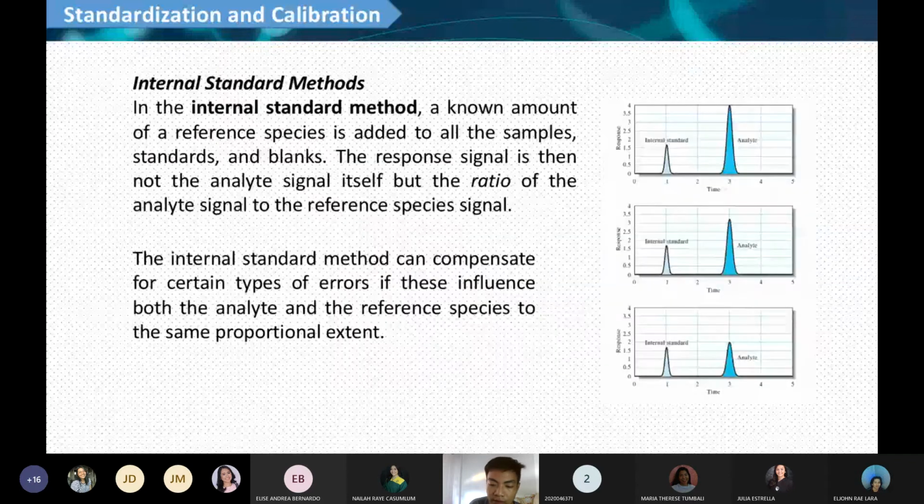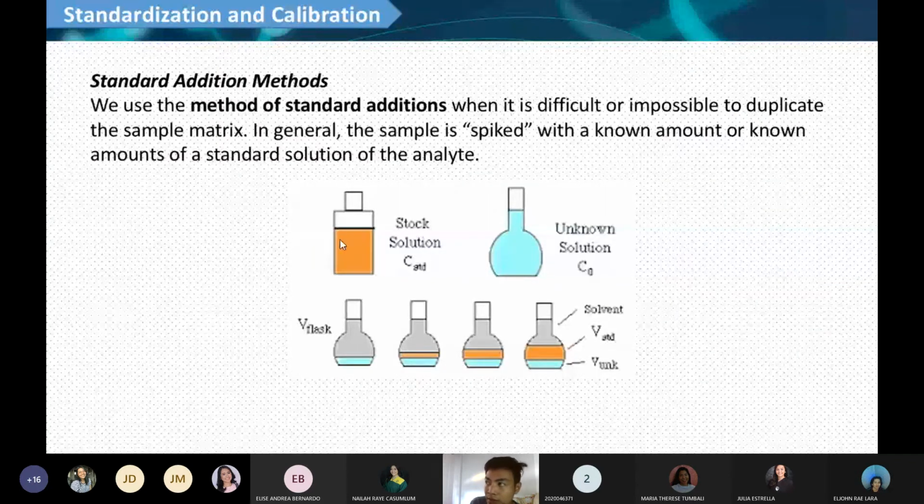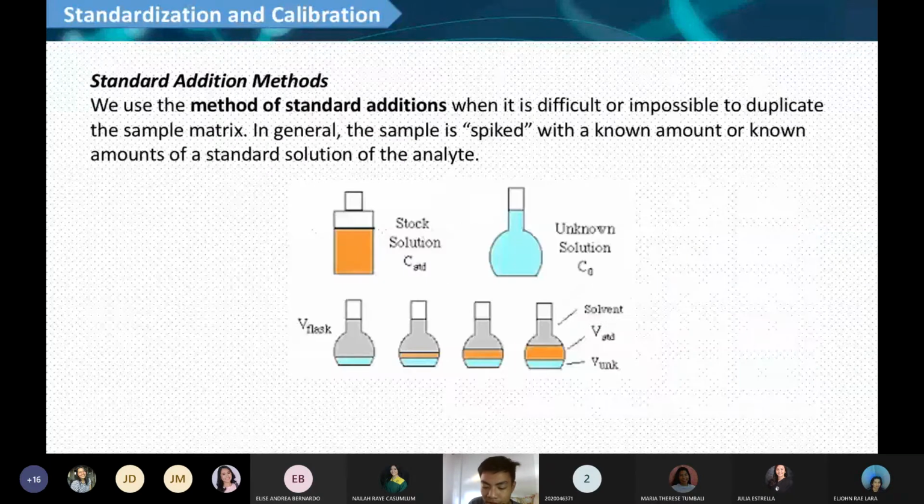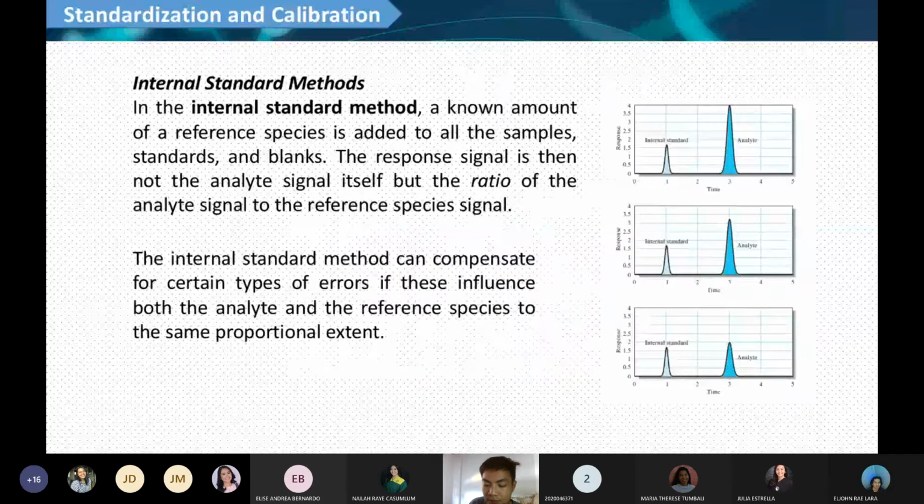So internal standard and standard addition, they are similar. Gagawin mo lang, you have your known concentration, lalagay mo siya sa sample mo. Then depending on the reading, no, the changes sa reading, you can determine the concentration of your unknown. Okay? So yun. Ayun, malapit na tayo matapos. So again, similar lang to. So yan, they are similar.